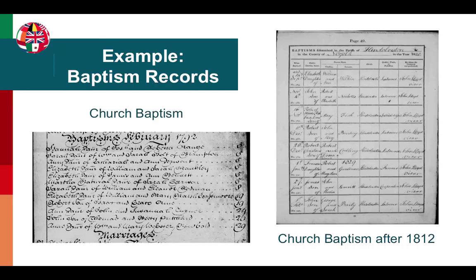So they're handwritten, similar that way, but as far as being in a specific format, they're not. After 1812, the church baptism records are on a pre-printed form, so everything becomes much more standardized after 1812. So when you know the different time periods or the different forms that these church baptisms come in, it helps you be familiar with the information that might be available when you're looking at a baptism before 1812 versus after 1812.